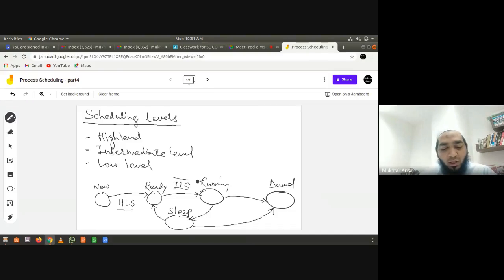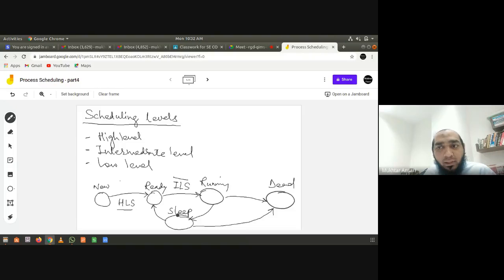Okay, so here low level scheduling comes at this particular place where your process has gone to the IO requirement. Okay, it was having some requirement of IO operations it has to perform. So it has gone to the sleep state. Okay, after accessing the IO resources, it will come back to the ready state, not to the running state.